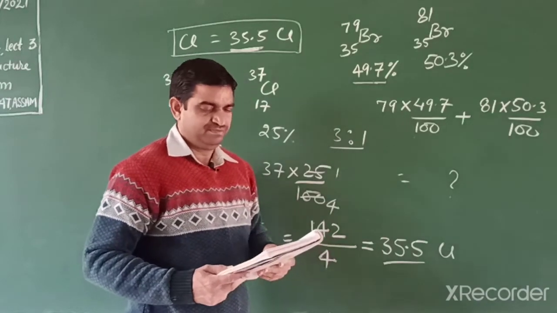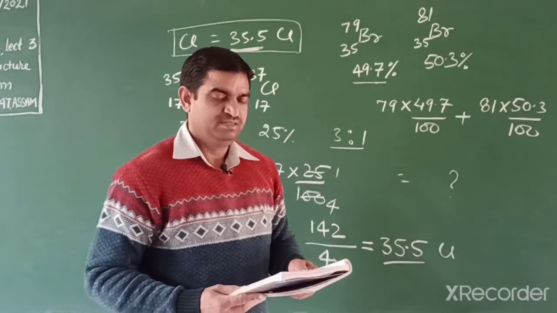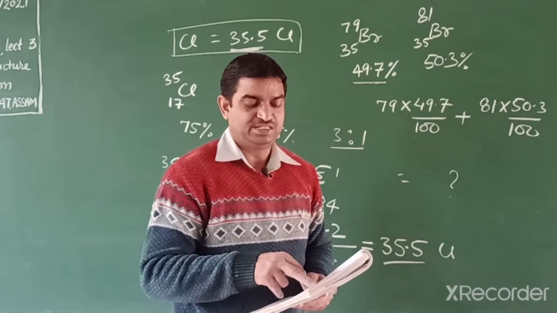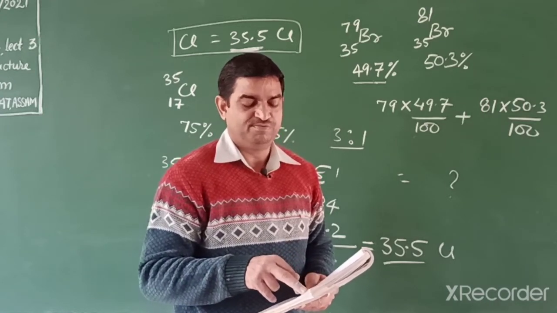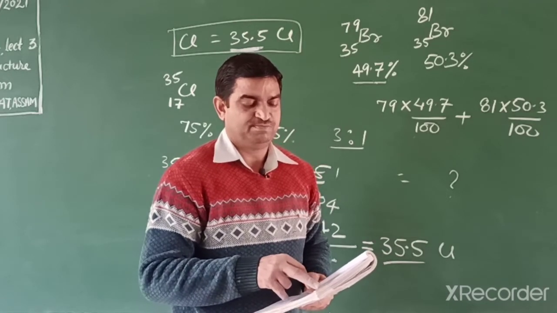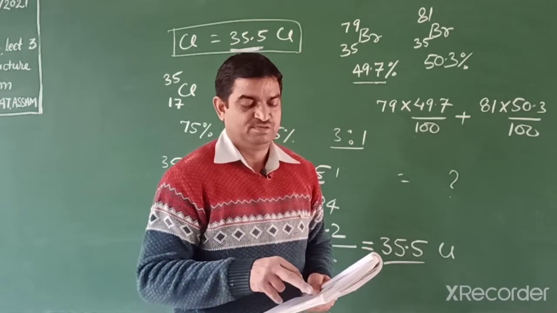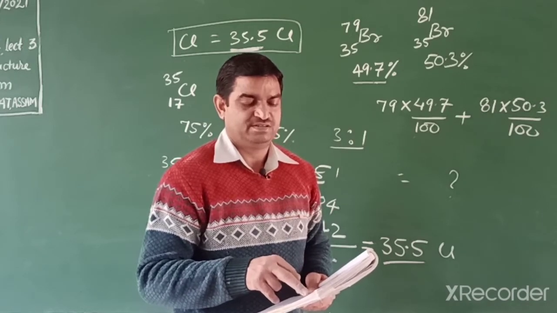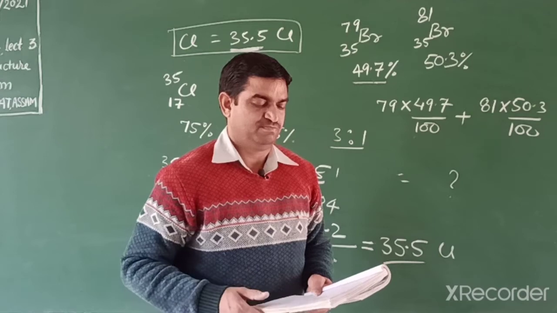Another numerical was given last year, and this numerical comes in the exam. The average atomic mass of a sample of an element X is 16.2. What are the percentages of the isotopes 8X16 and 8X18 in this sample?